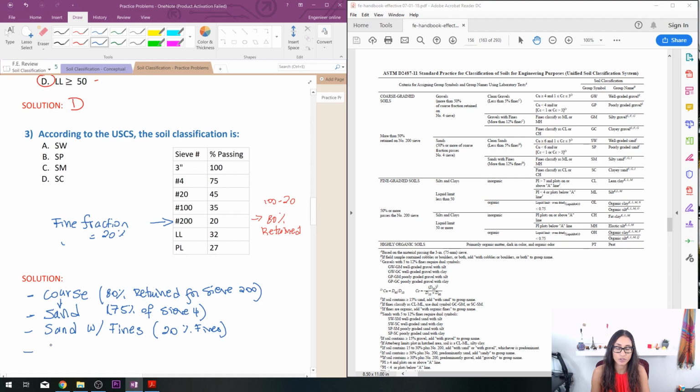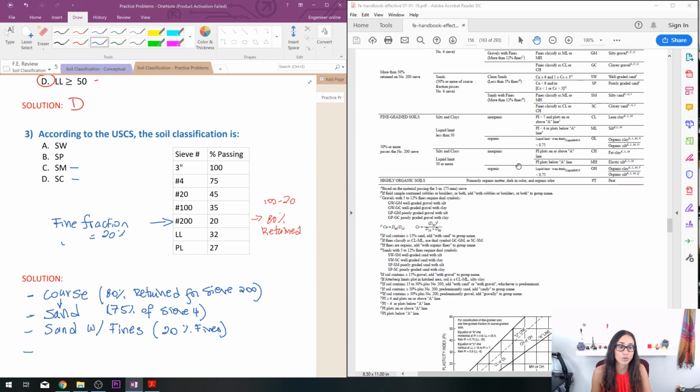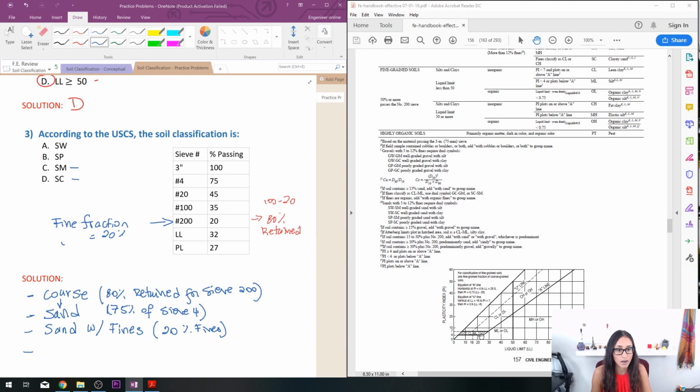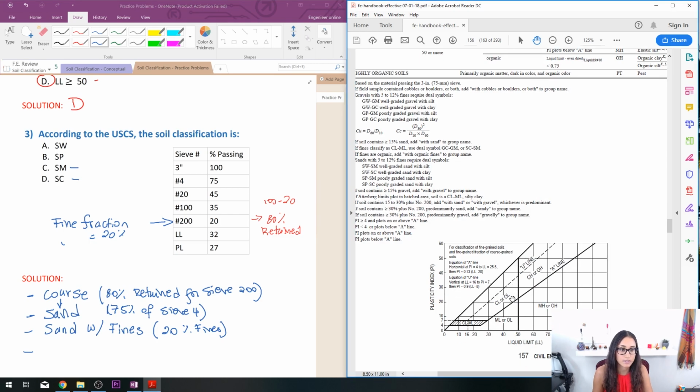Okay, so after that, which is the last step, we already know it's going to be either SM or SC. So either this one or this one. To determine which one, this is a little bit tricky, but it's not that hard once you understand it. We are going to go to our plasticity chart, which is down here, and what we're going to look at is our liquid limit and our plasticity index.